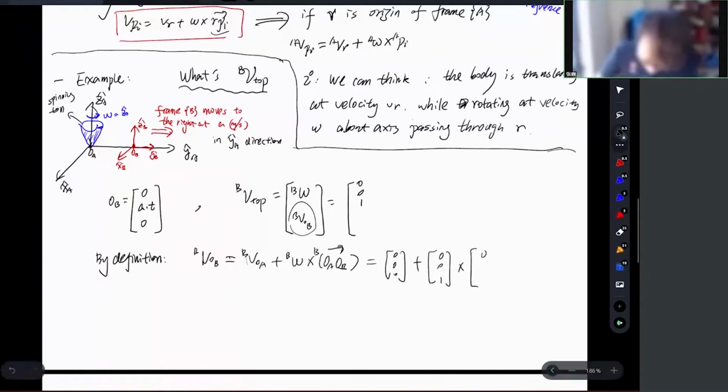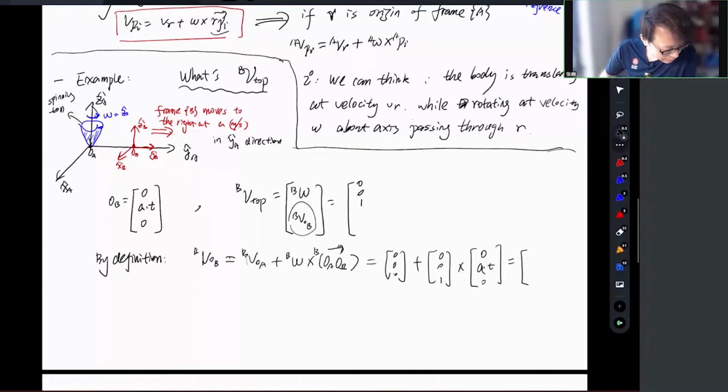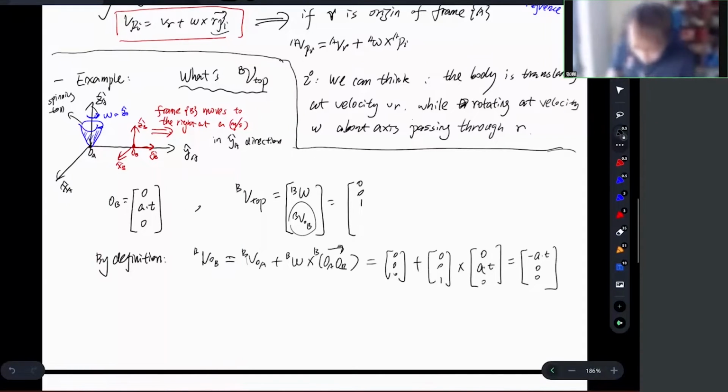So this will still be 0, A times T, time dependent now, and 0, right? So overall, this becomes z-axis cross y. That will be negative x, right? Sorry, negative, yes, negative x. So negative A times T, 0, 0.